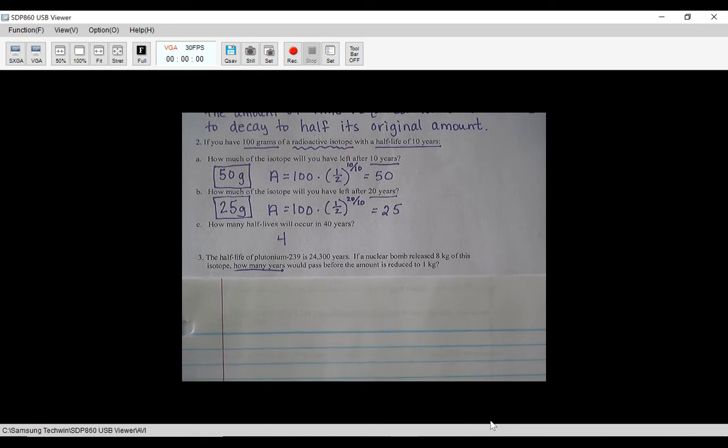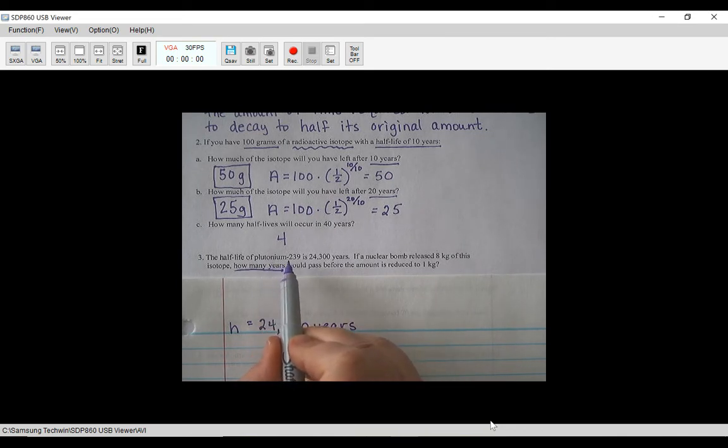So let's write down the important information here. So we have this substance, plutonium-239. Its half-life is 24,300 years. This is a very stable substance. It decays very slowly.